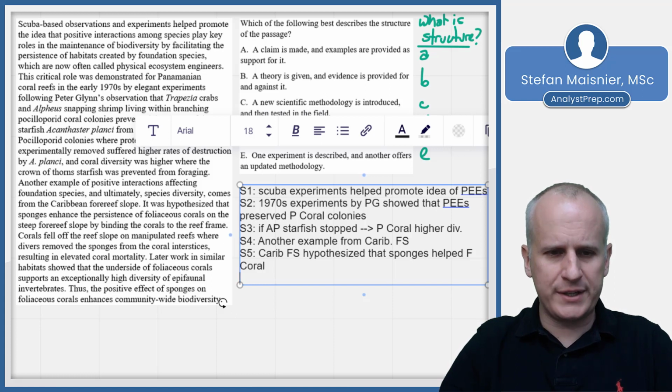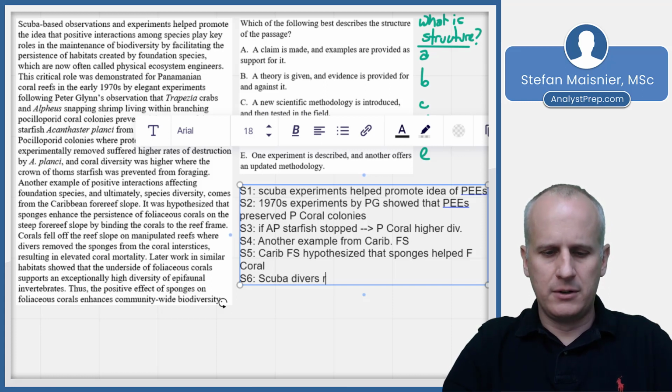Then we continue. Sentence 6. Corals fell off the reef slope on manipulated reefs where divers removed the sponges from the coral interstices, resulting in elevated coral mortality. So we know that scuba divers removing sponges equal F coral death.